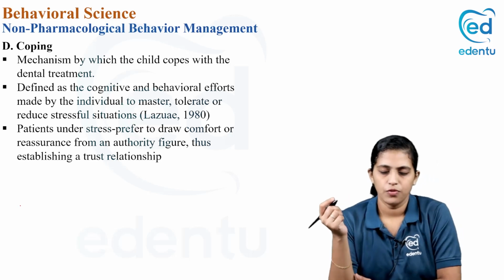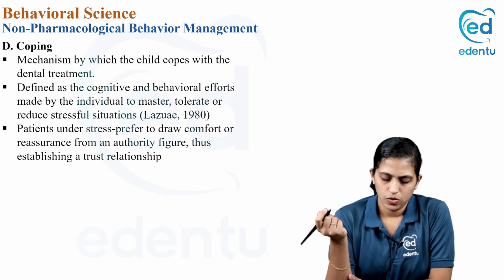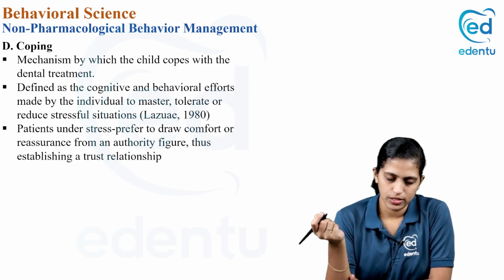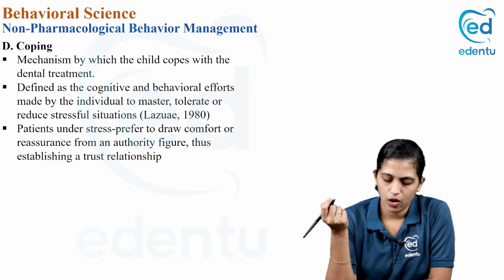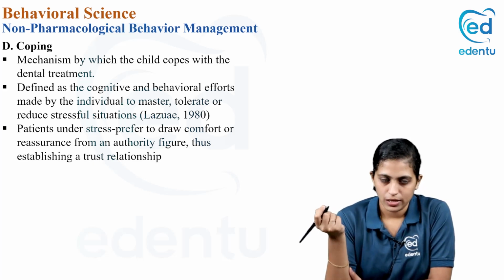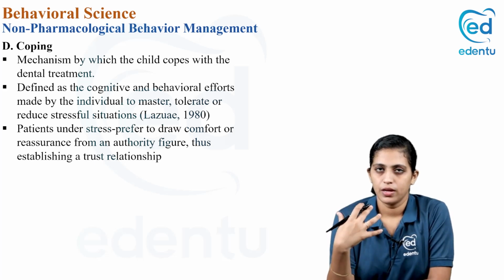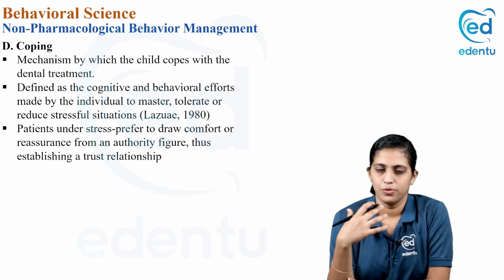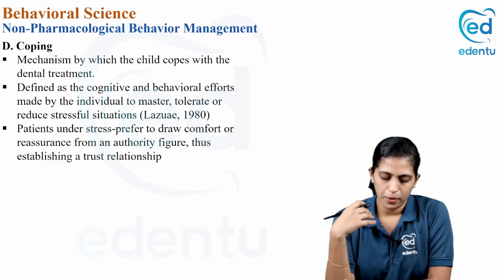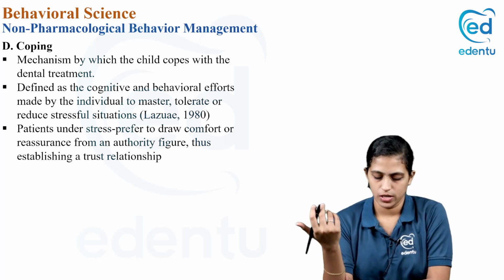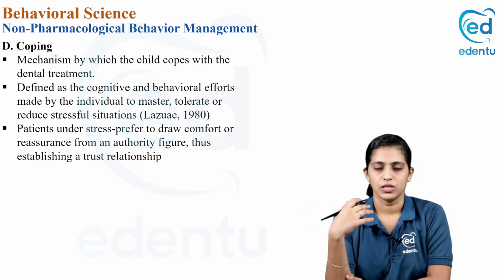Next method of behavior management is coping. It's a mechanism by which the child copes with the dental treatment. It is defined as the cognitive and behavioral efforts made by the individual to master, tolerate, or reduce stressful situations. The different efforts made by the child to cope with the whole situation are called coping. The patient under stress prefers to draw comfort or reassurance from an authoritative figure, thus establishing a trust relationship.